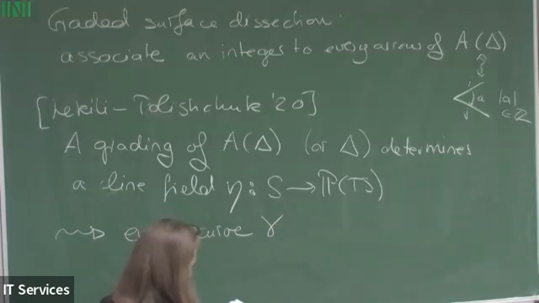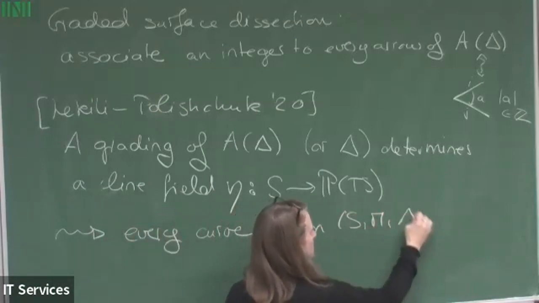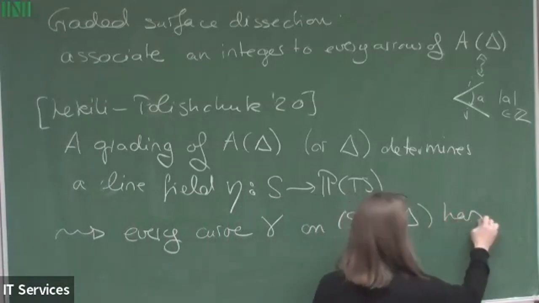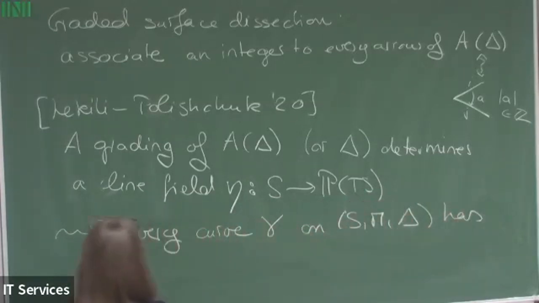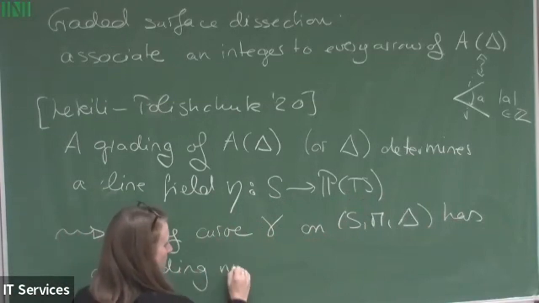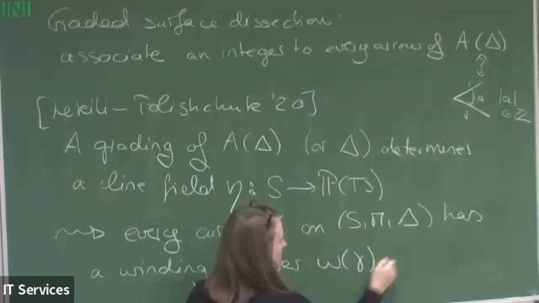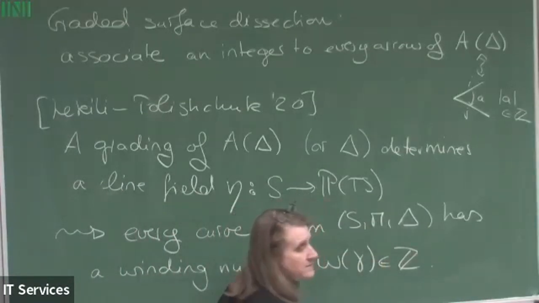So every curve gamma on the surface has a winding number w(gamma), which is some integer.